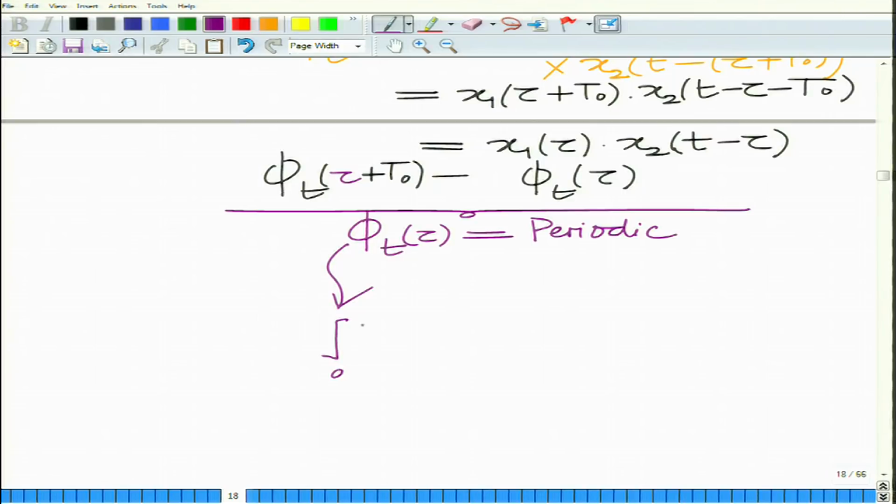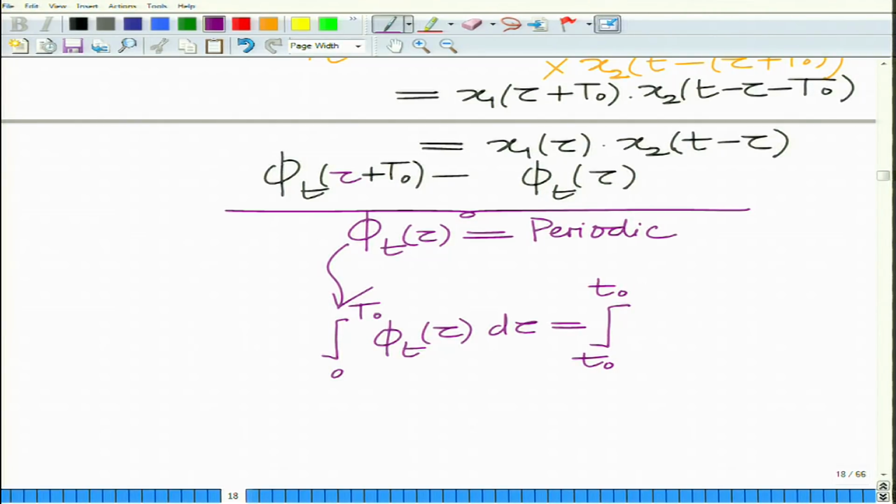So, you have the integral 0 to T naught of phi sub t of tau d tau, and you can shift it by any constant quantity small t naught.